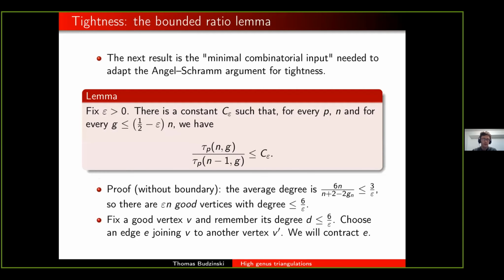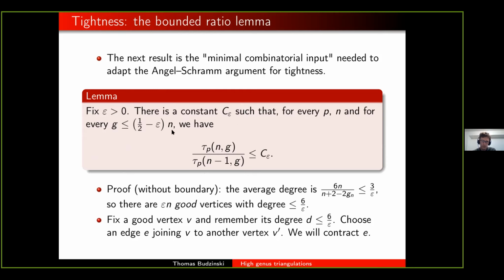So I'm first going to discuss the tightness argument. We followed the original tightness argument of Engel and Schramm, who worked in the planar case, where very nice combinatorial results are available.